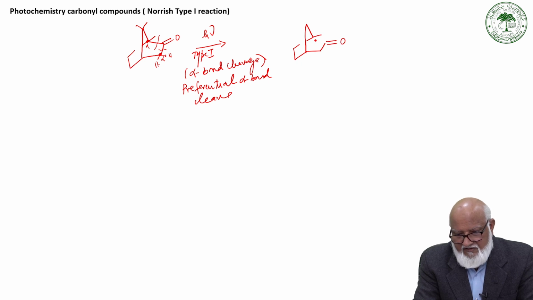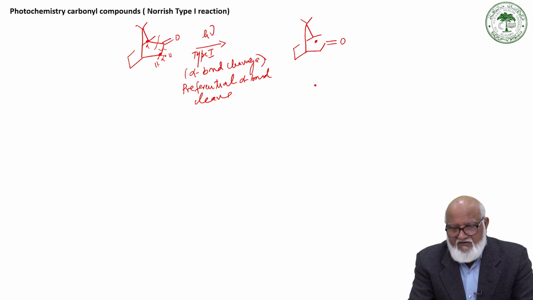This one, and then this is the first step, and the involvement of these radicals has been well established by trapping agents, as we have seen in the last lecture, that both the carbon centered radical as well as acyl centered radicals have been trapped by free radical quenchers such as tetramethyl piperidine N oxide to give the corresponding radical.